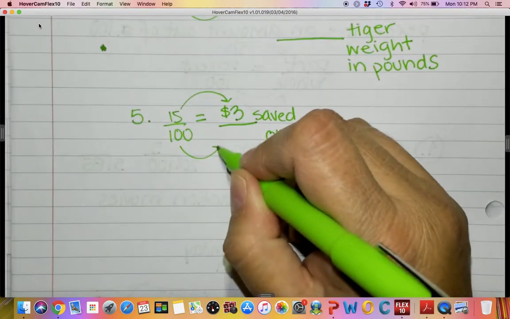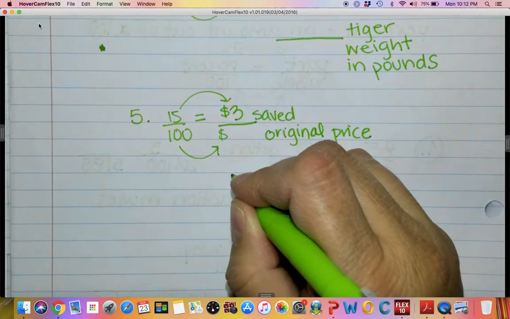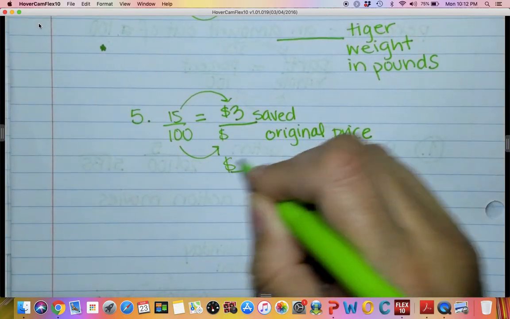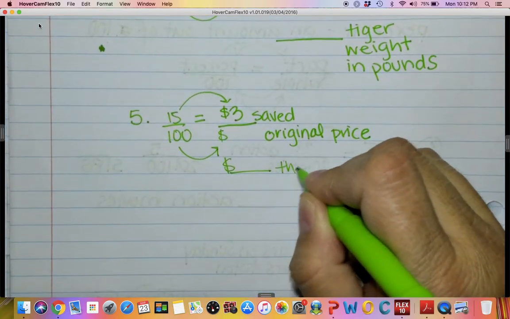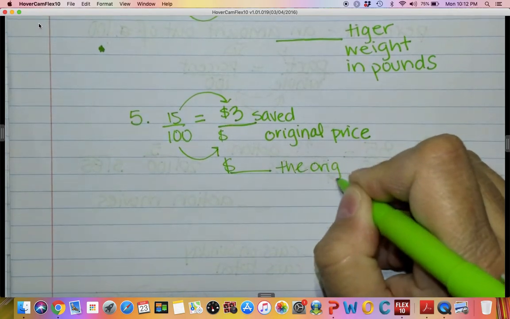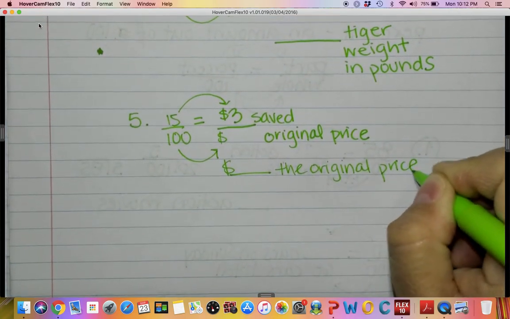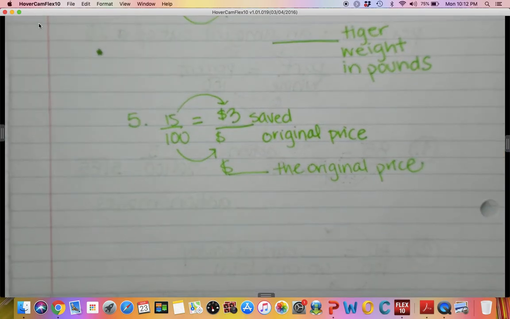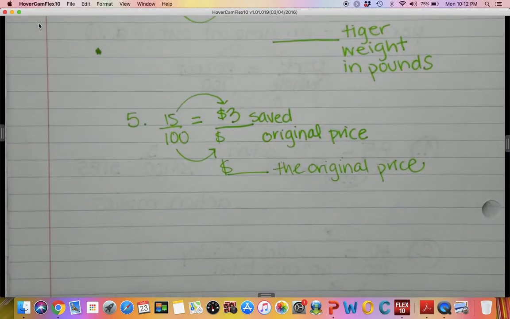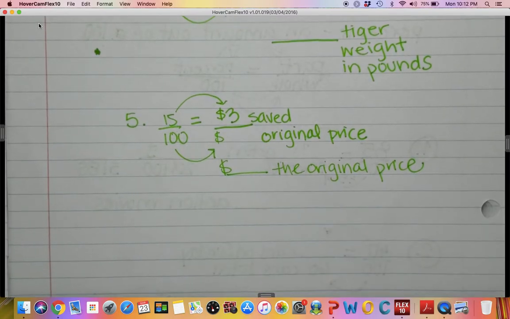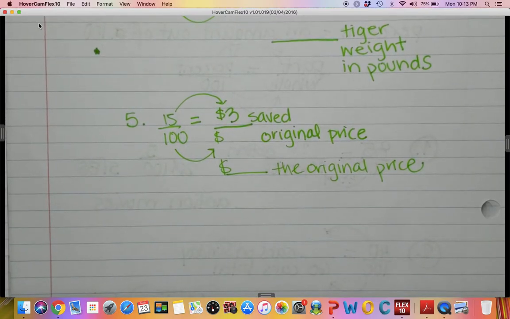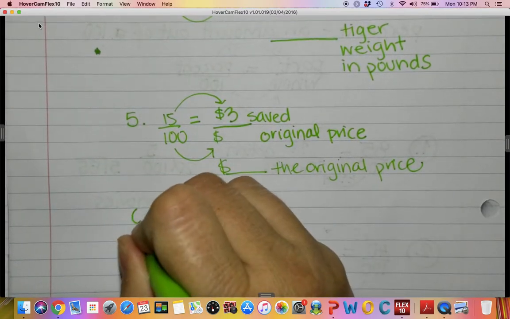Do the same thing to 100 to get a dollar amount, to find the original price. 3 is smaller than 15, so you're going to be dividing instead of multiplying.